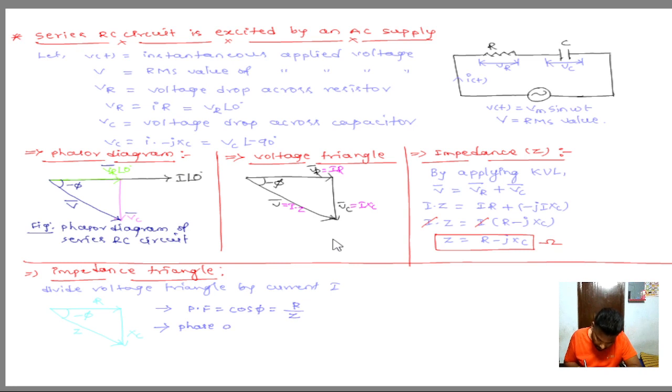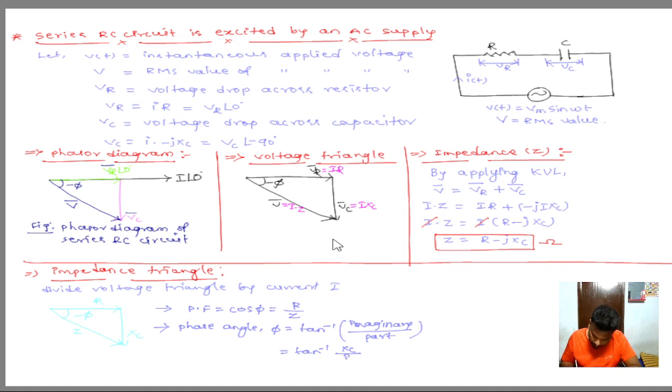Next, we need to write the formula for the phase angle. Phi is equal to, as I already told, the phase angle is nothing but the imaginary part by the real part. What is the imaginary part? The imaginary part is nothing but XC. And what is the real part?